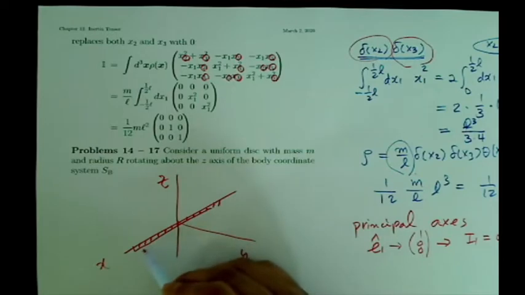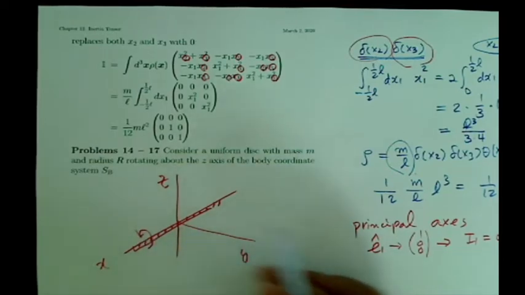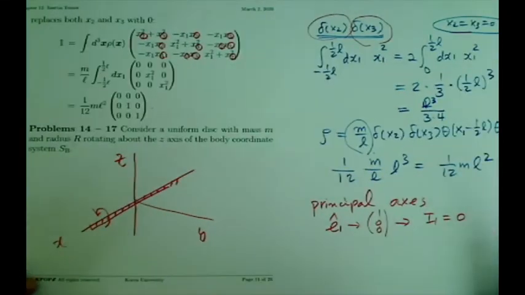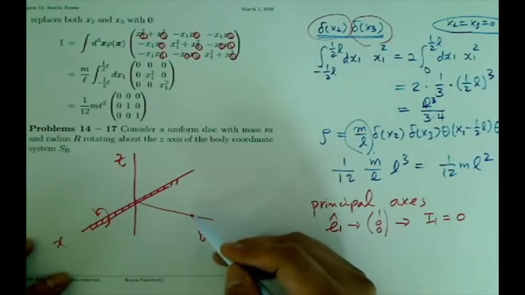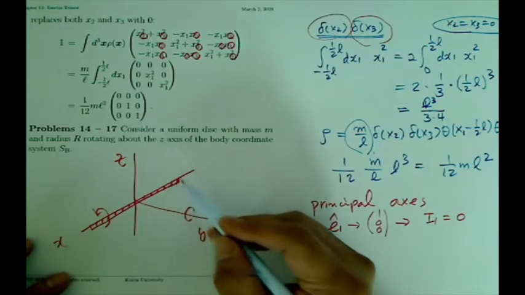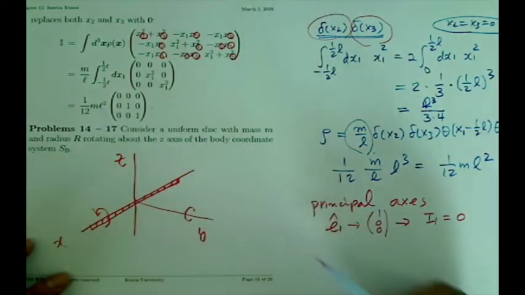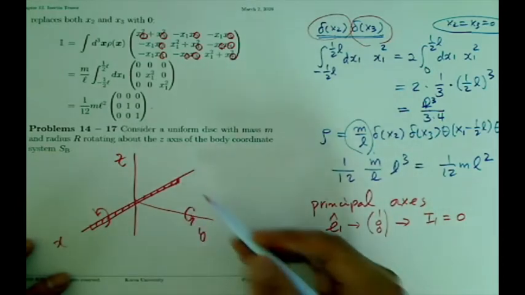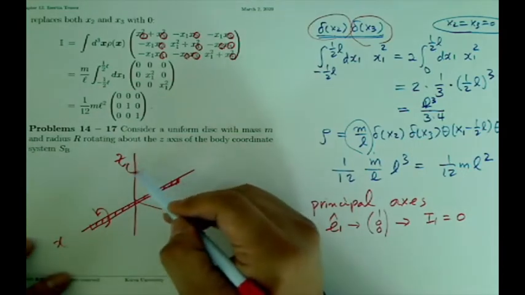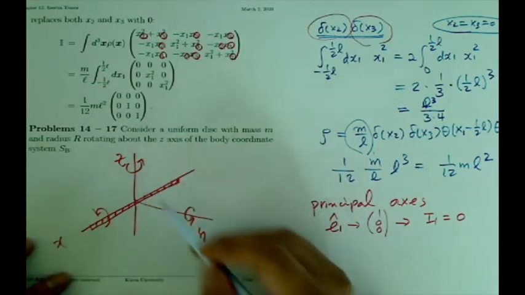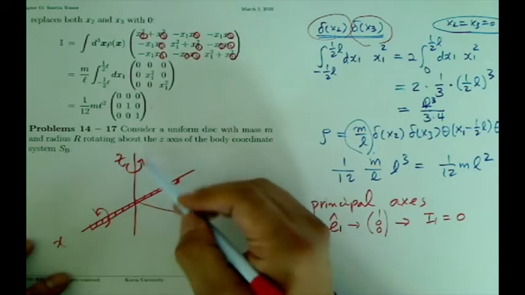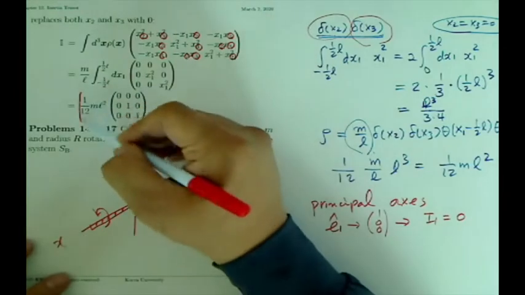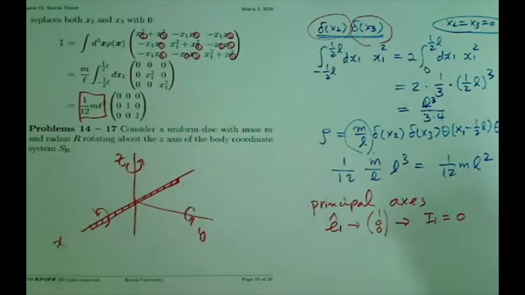So moment of inertia along this direction should be vanishing. Moment of inertia about this y-axis is 1/12 m L squared. Moment of inertia along the z-axis, because of symmetry, this moment of inertia about the z-axis and y-axis must be the same. They are both 1/12 of m L squared.